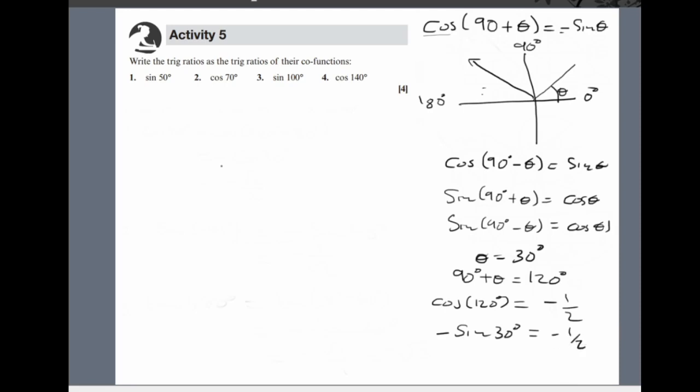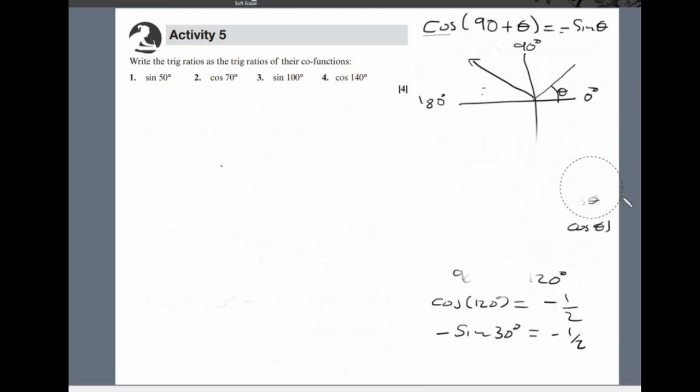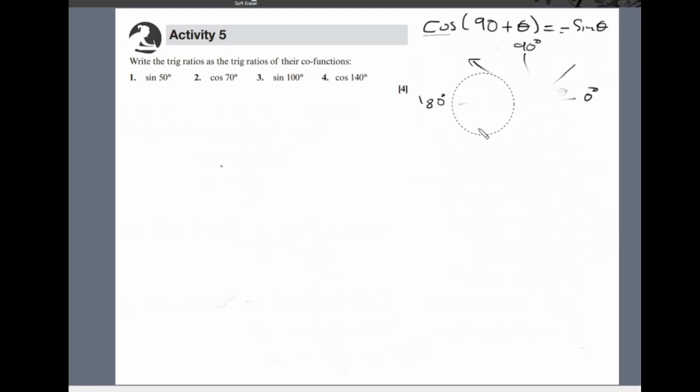That's what we mean by cofunctions. I can't think of a better way to explain it, but if we get time, I will record another video.